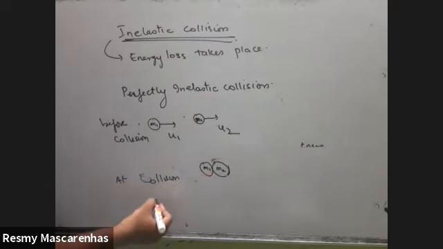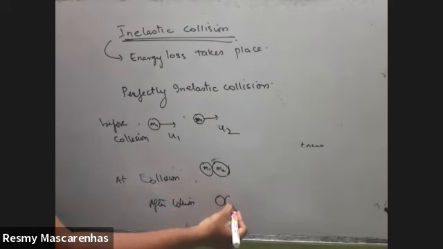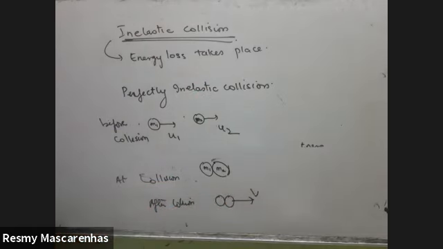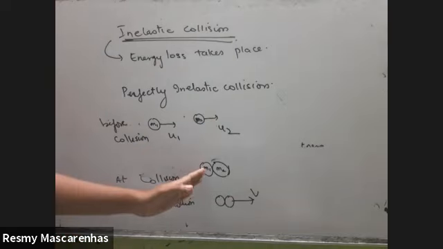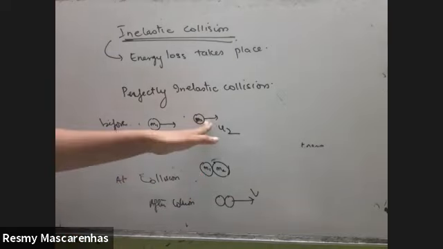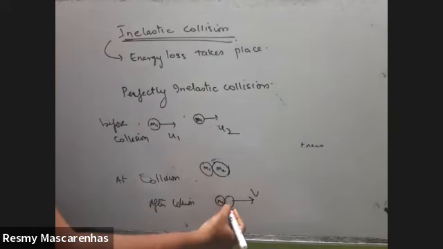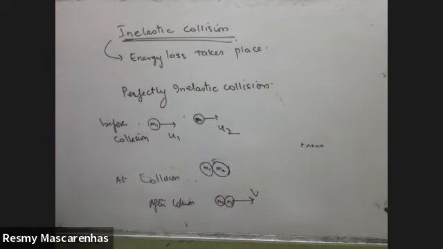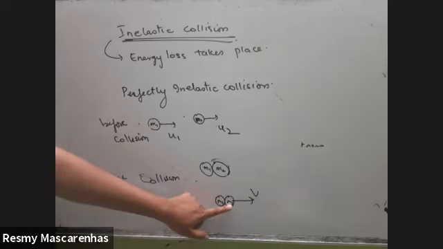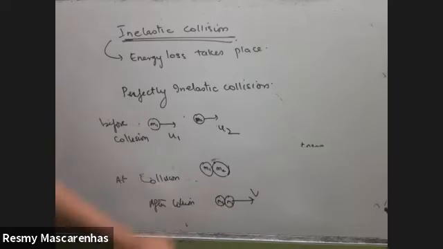So after collision they both move at the same speed. The entire energy from whatever was moving is transferred to the second body, when they both move with the same velocity, or either they will stop, whichever is the case. So it's a perfectly inelastic collision.